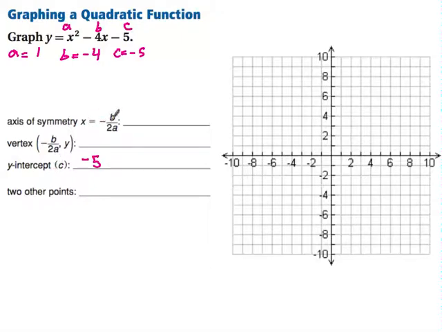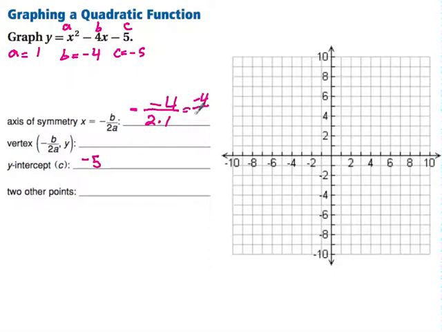Now we are going to use b and a here to find x. We said negative b divided by 2a equals x. So let's substitute those values here. b here is -4, and don't forget your negative on the outside, and then 2a. a is 1, so it's 2 times 1.